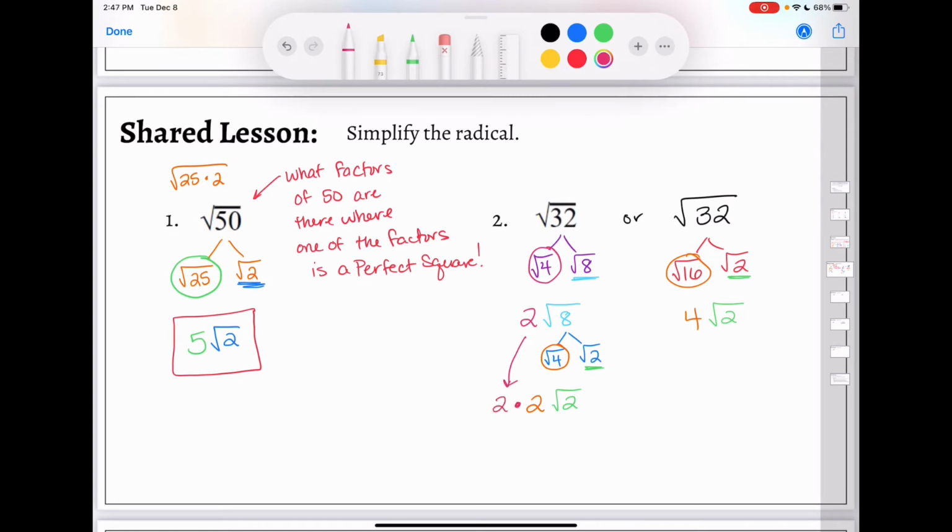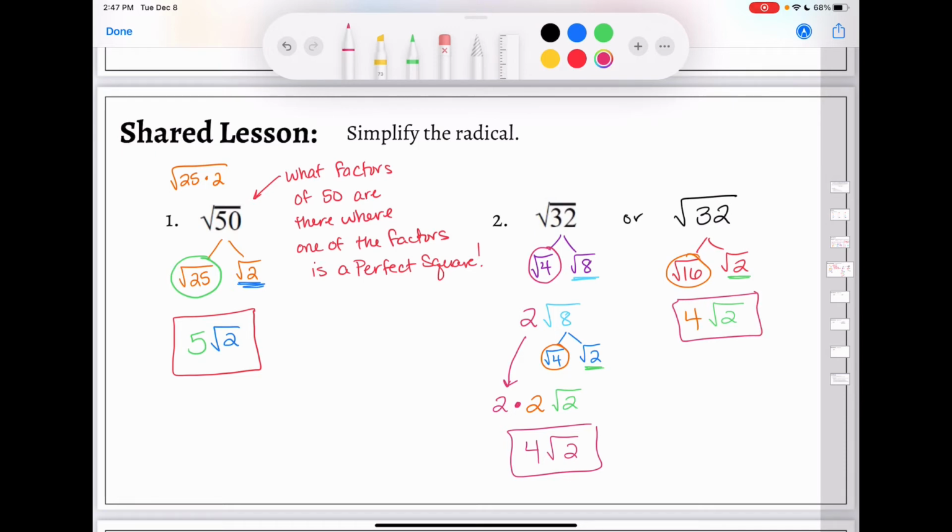So if you pull more than one thing to the outside, they get multiplied together on the outside. If you have more than one thing left on the inside, they would get multiplied together on the inside because all of these are factors. So everything is multiplied. So my final answer here then, I would have 2 times 2, which gives me 4 radical 2. And now you can see that those answers actually match.